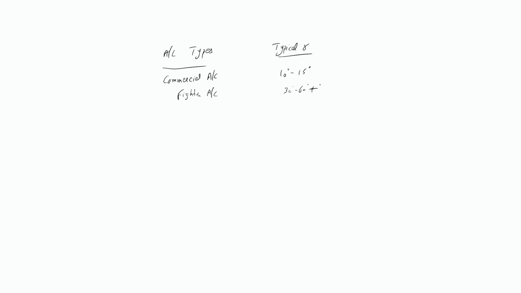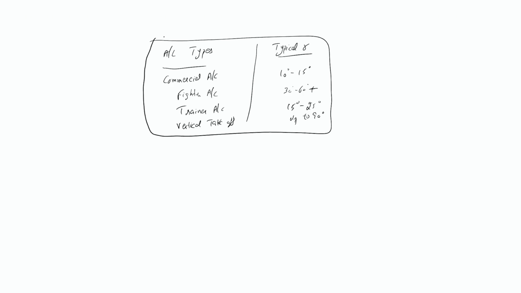For trainer aircraft, it will be 15 to 25 degrees. What about vertical takeoff? Obviously it can go up to 90 degrees. So these are the rough estimates of flight path angle for different aircraft types.